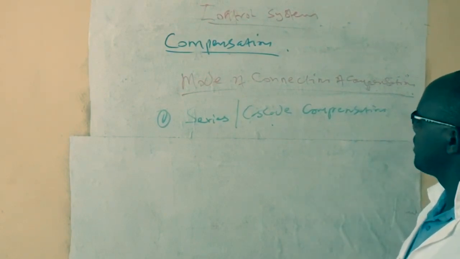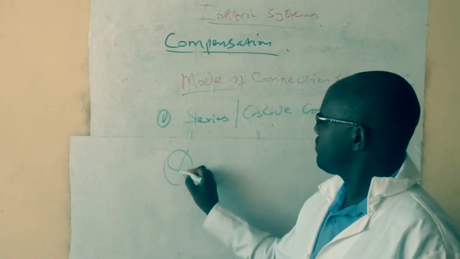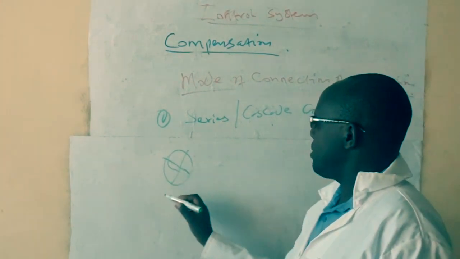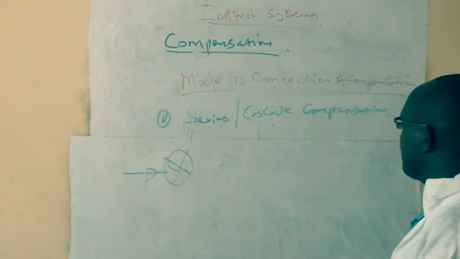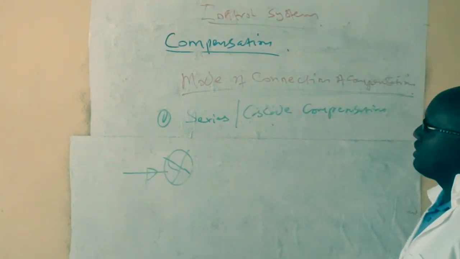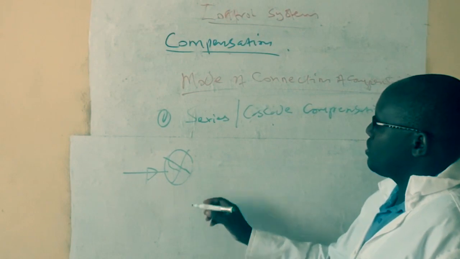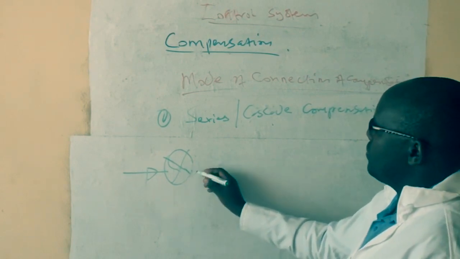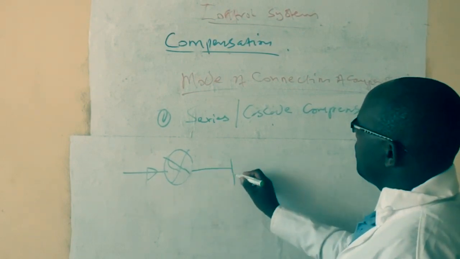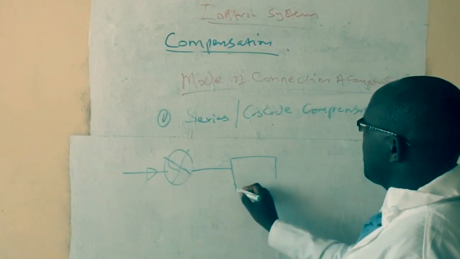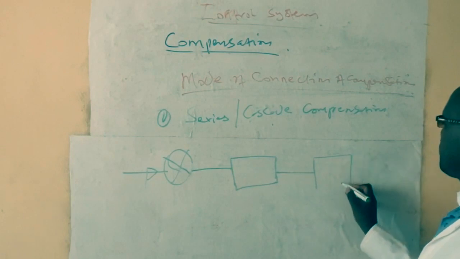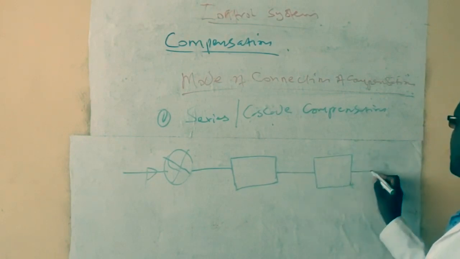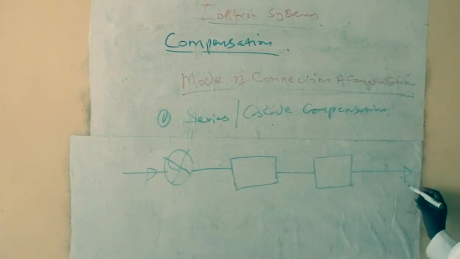This one, you can have the summing point here, and from the control system, the one we know. If it is series, we can have this. We have this block to represent the process, and then we have the output.